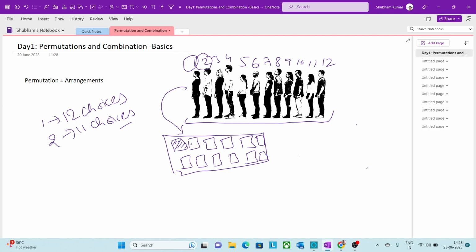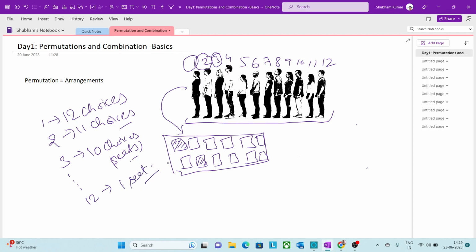And if person 2 occupies, let's say this seat, then for the third person the choices left would be 10 seats. So she could occupy any of the 10 remaining seats, and so on and so forth. For the last person, the only choice left is the one seat.